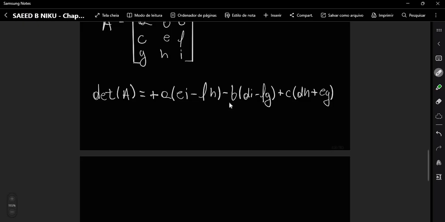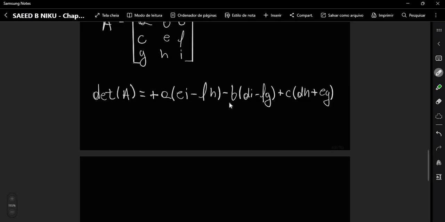Okay, and it brings two methods to calculate the inverse of a matrix. In the video about how to calculate the inverse of a matrix, I presented how to calculate the inverse of a matrix of order 2, a 2 by 2 matrix. For a 3 by 3 matrix, it's different.